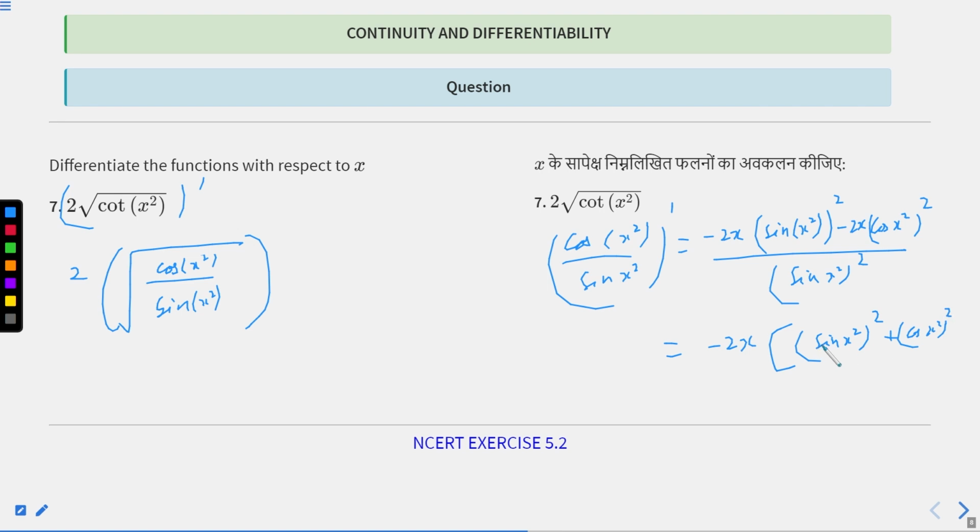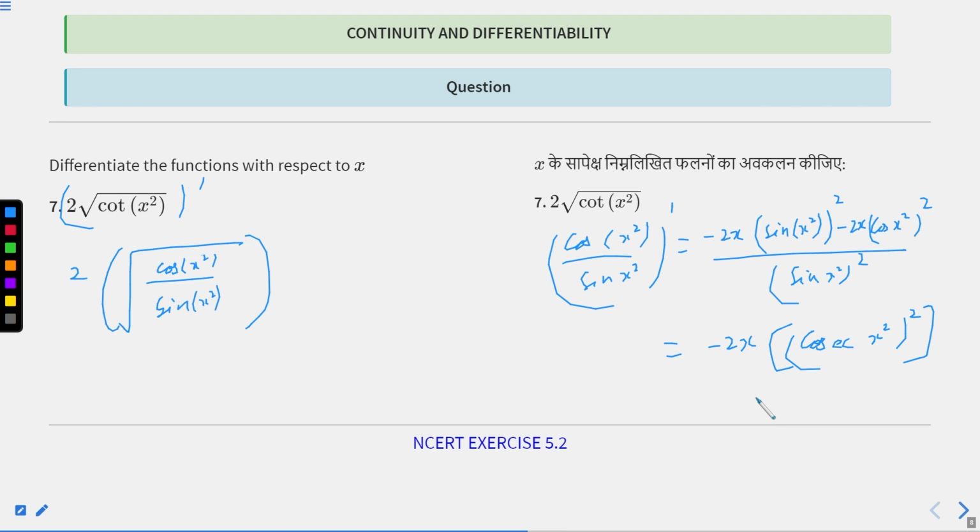What is happening: sine square a plus cos square a gives cos square theta plus sine square theta, which gives you 1. So this will be 1 by sine square, which is cosec square whole square. That's it, the derivative of it.